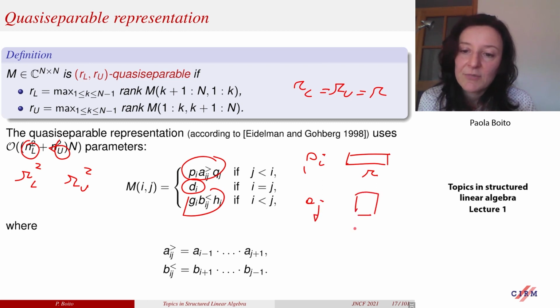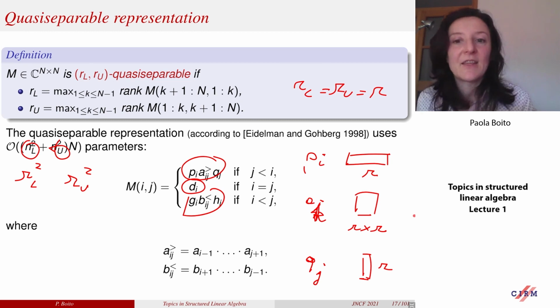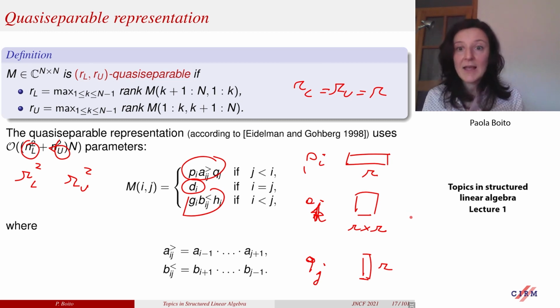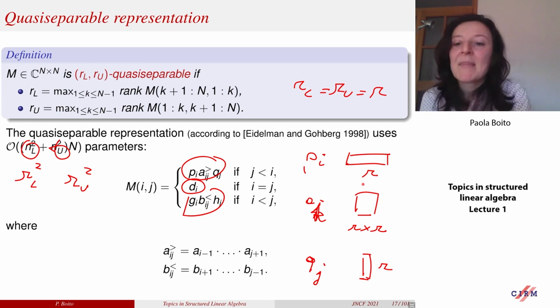These are R times R. And then we have a collection of column vectors, which are the q_j, vectors of length R. So again, these are vectors and matrices of small size, right?